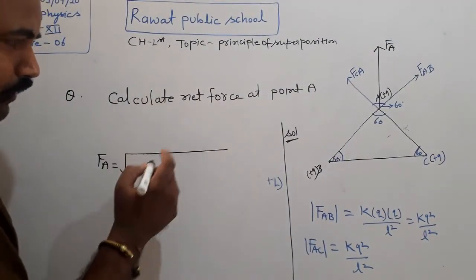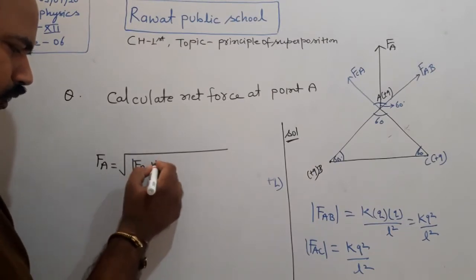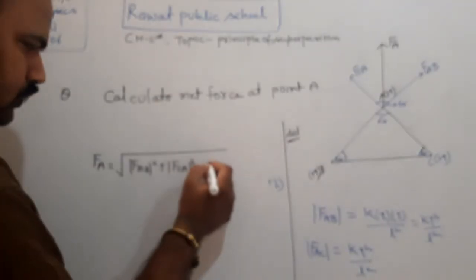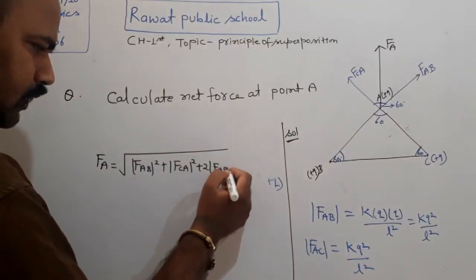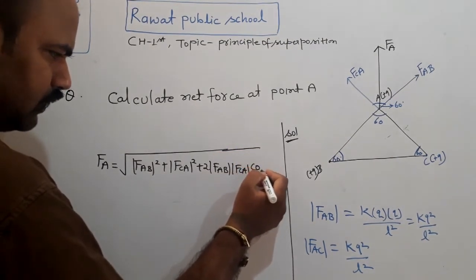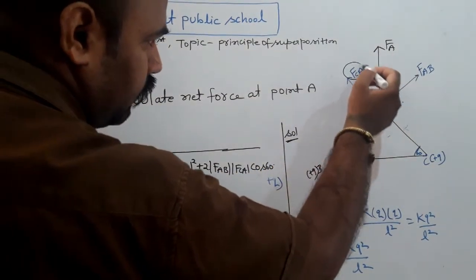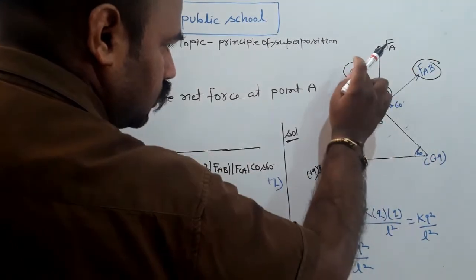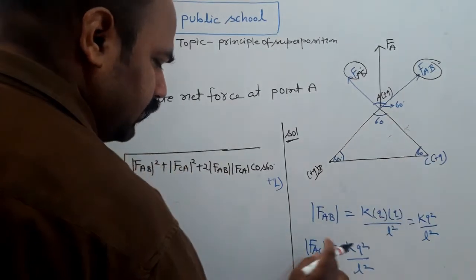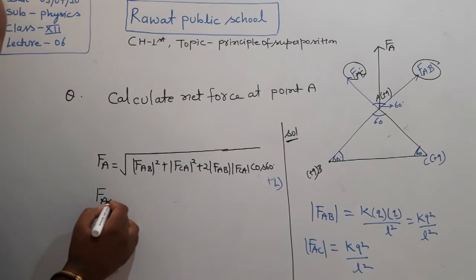FA is the square root of FAB square plus FCA square plus 2 FAB FCA cos theta. Here the angle between both the forces is 60 degrees. Clear? FA is the resultant of FAC, the force at A due to C, and FAB. By applying this formula we can get the net force.